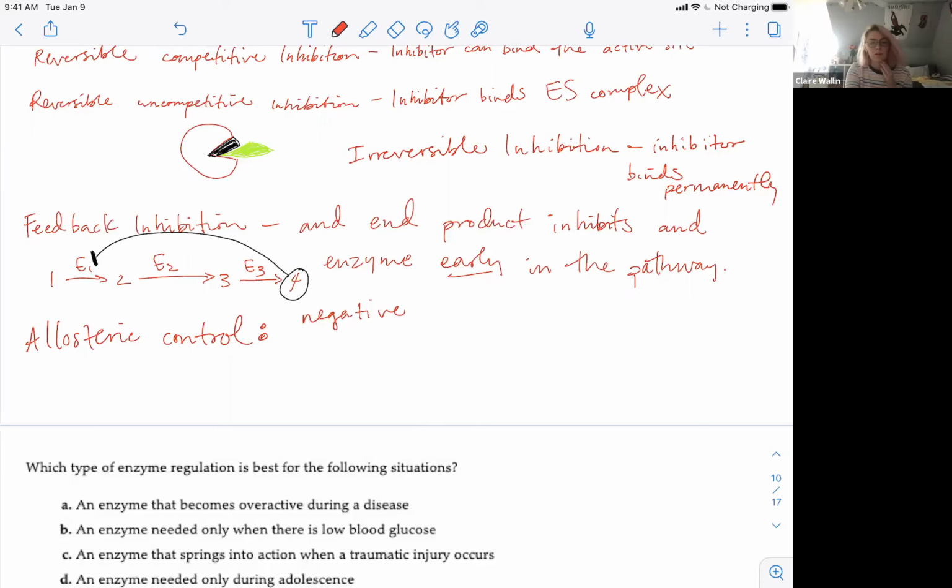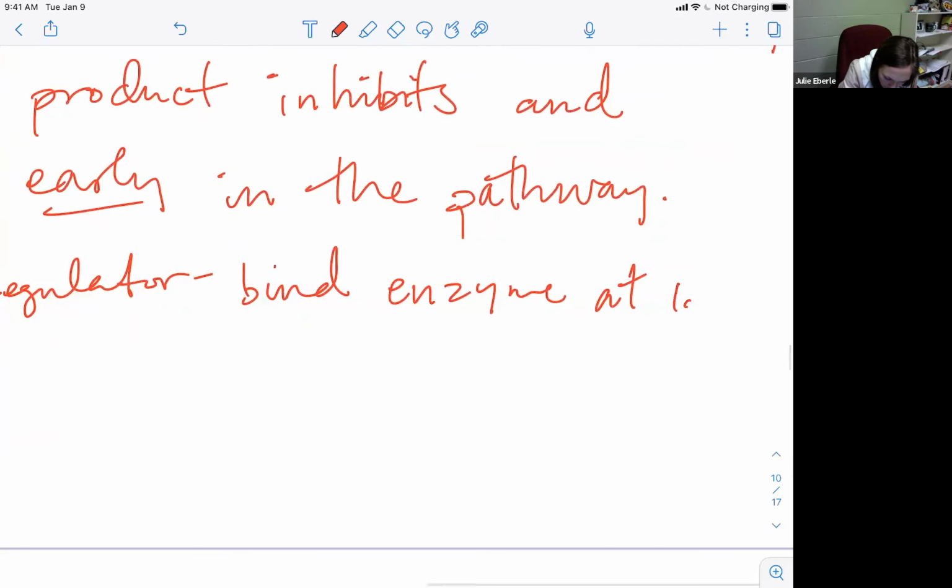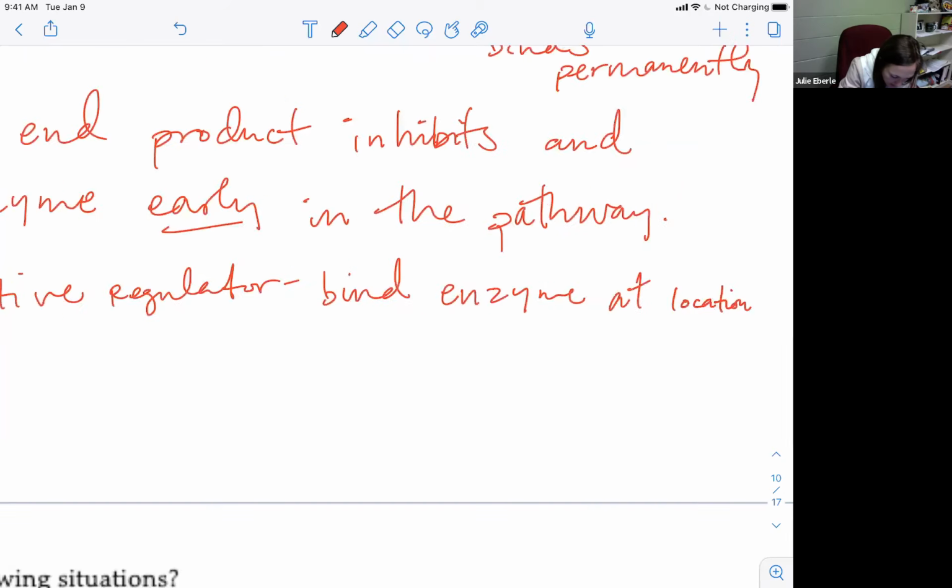I might be wrong because I think I'm mixing it up with the positive one, but is it when the inhibitor binds somewhere else on the enzyme and once it's bound, it prevents something from getting into the active site? Right, so a negative regulator, okay, binds enzyme at a location different from the active site.